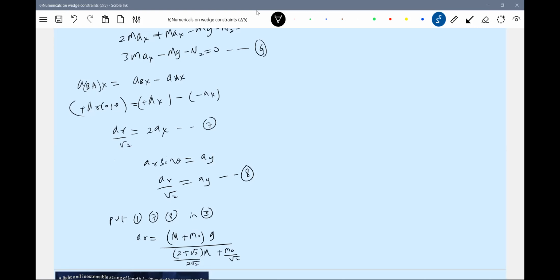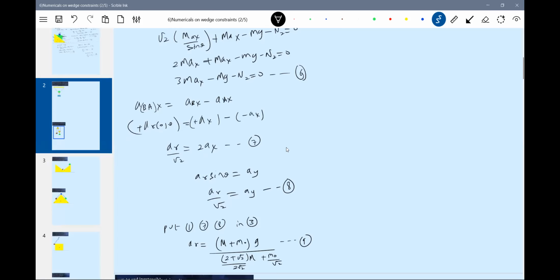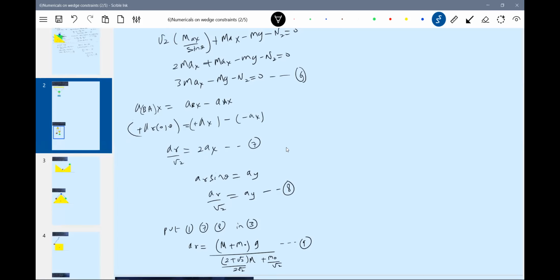You know my maths is not that strong. This is equation 9. Once you get AR, I think you will get all the things, no? Now what you should do is substitute the value of AR in equations 7 and 8, and you'll get AX and AY. I think that was the question asked, to get the accelerations.